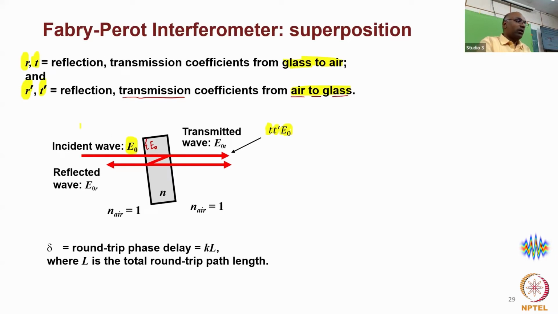So we know E naught, R, T, R prime, T prime. Whatever we write down here and hereafter should be written entirely in terms of the knowns, so that the unknown, E naught T, can be computed based on these quantities. Likewise, you may want to compute E naught R as well, which we are not going to do here. You can do that as an exercise to test your own understanding.